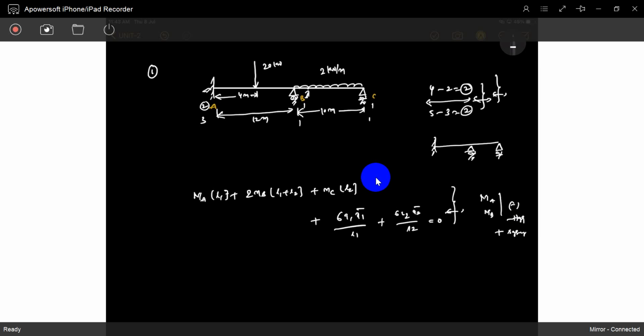So MC is 0, we already know MC is 0. MA and MB are not equal to 0. MA is a fixed support, B has a hinge support, but it is an intermediate joint. An intermediate joint behaves as a fixed joint. Understood? I already explained it. It will rotate.